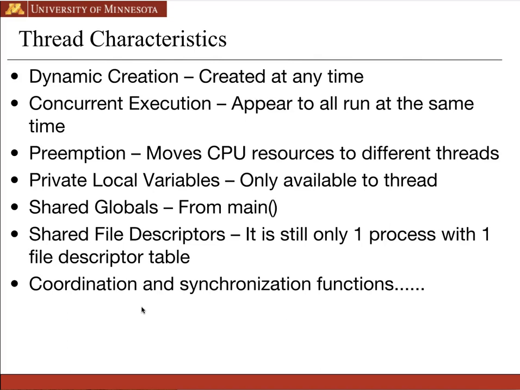Now, the coordination and synchronization functions are, let's say, the advanced things. We're not going to touch on too much. We'll talk about mutex locks and some of the core capabilities, but really to do threads the right way, there's a lot of pieces that need to come into play because threads are somewhat fragile in a way.